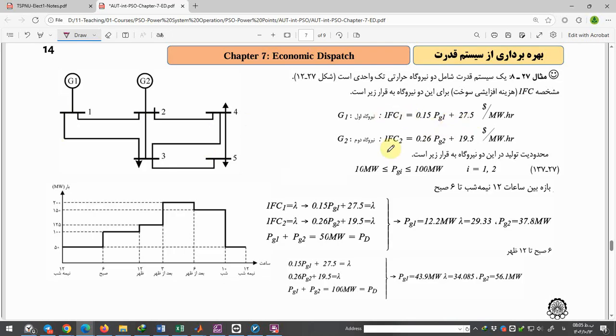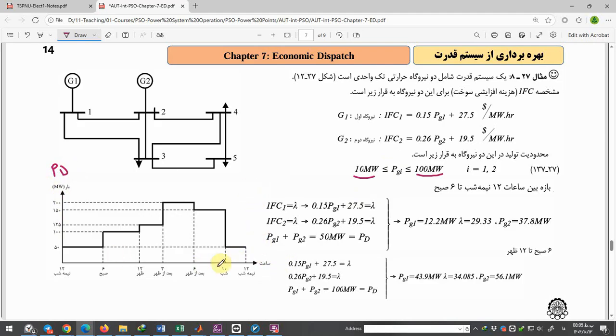Its cost function is here, but the limitation of each generator is between 10 megawatts and 100 megawatts. But the PD is depicted here.